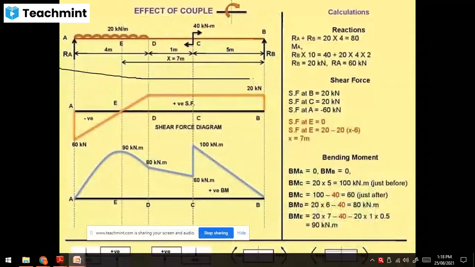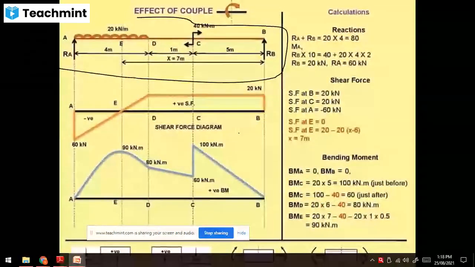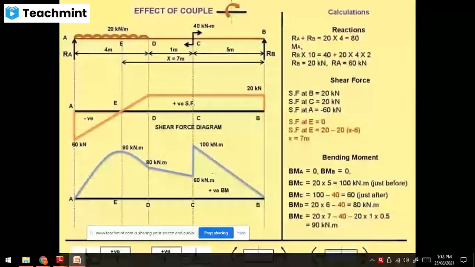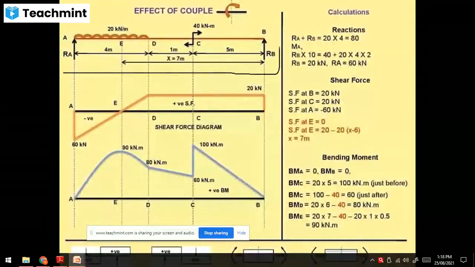Please take this down for your practice for homework. Please try to solve.